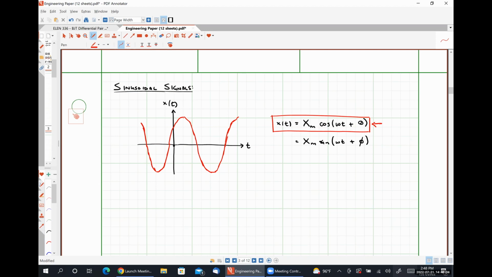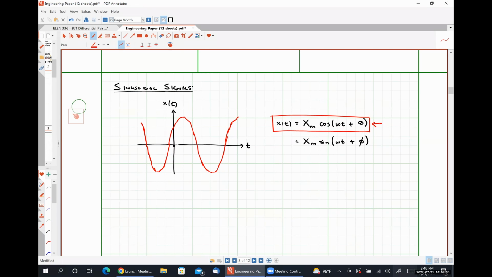In fact, in a little bit after I introduce some trig identities, we will easily be able to convert a sine representation into a cosine function, which is going to be required of us fairly regularly. Okay, now I want to talk about the different constituent parts of this mathematical representation.